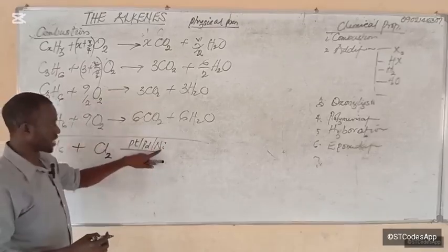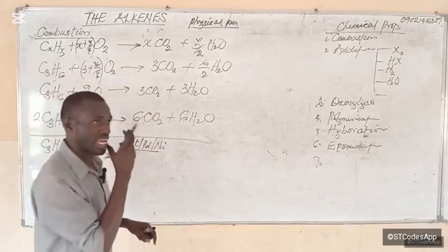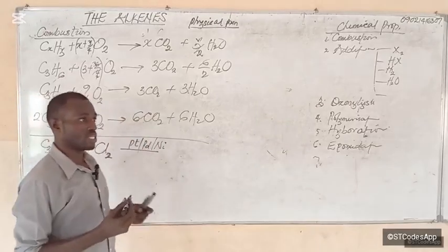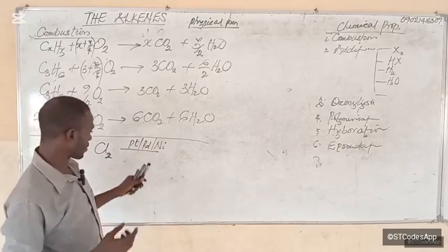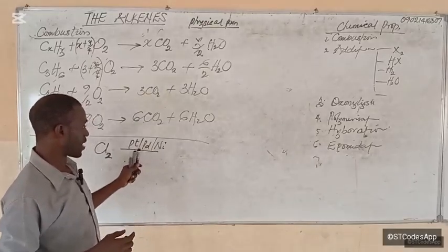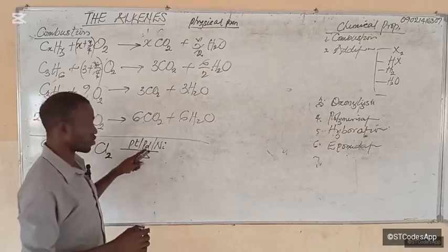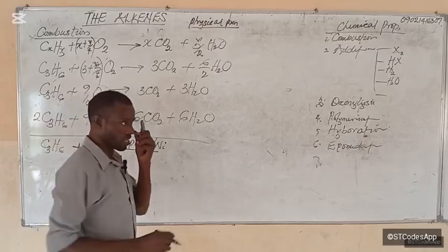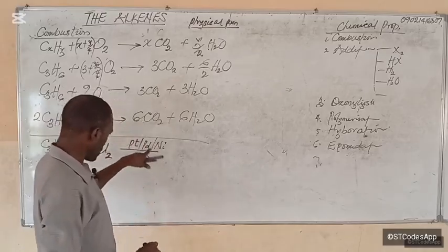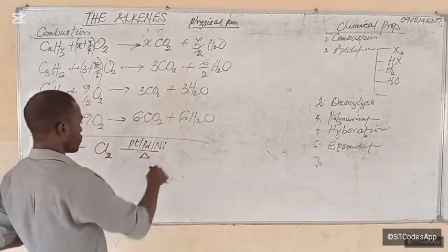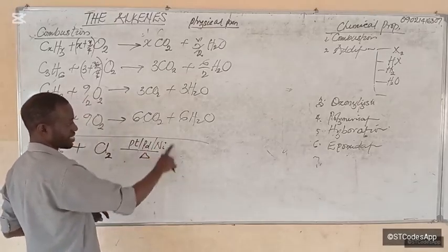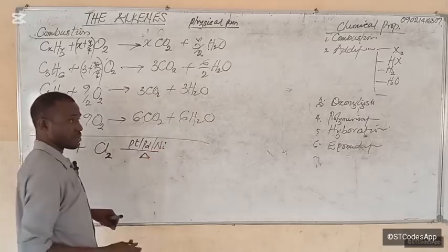And I've already told you that with nickel, you will need a higher temperature and a higher pressure. The temperature is as high as 80 degrees Celsius and with high pressure, so with heat here. But the temperature with this one is lower, and the pressure is lower. So we call this one Sabatier-Senderens reduction, if you remember.